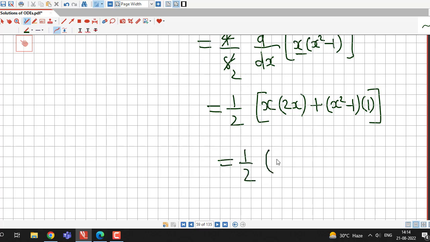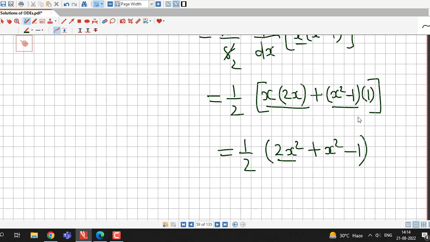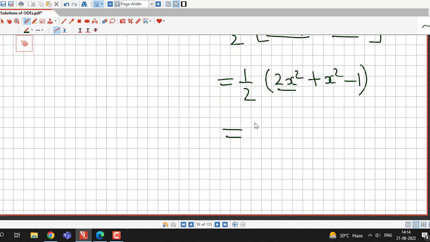I have 1 by 2, x into 2x, that is 2x², plus x² − 1, and we obtain P2(x) = 1 by 2 into (3x² − 1).